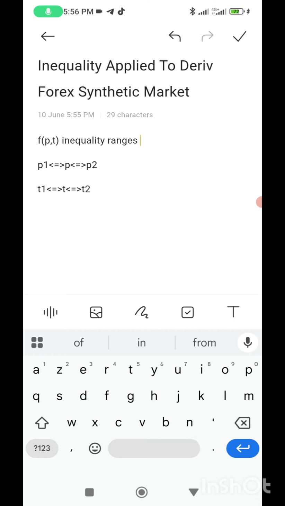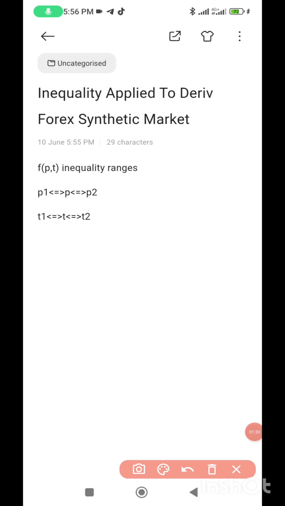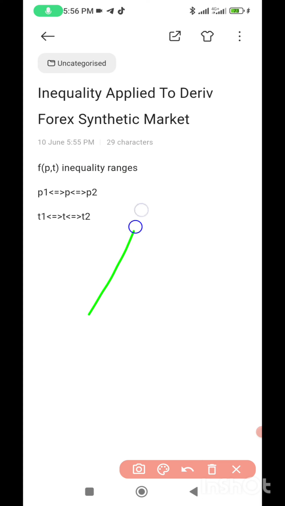So we have a typical market. I'm going to do an illustration right here. We have a typical uptrending market in 2 dimensions. So let's take this to be in 3 dimensions with error as the third axis. So we have the p axis, then we have the time axis, and they should be perpendicular to each other.